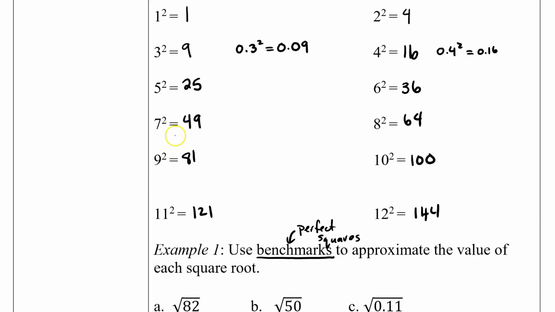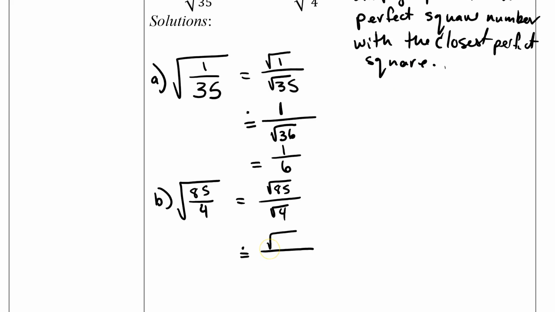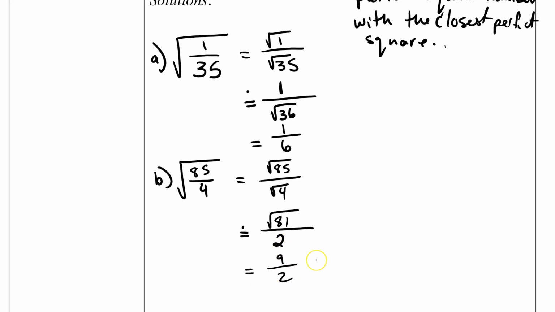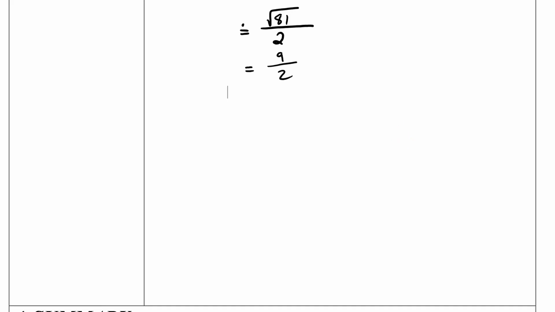Our 81 is closest to 85, so that equals approximately the square root of 81 over the square root of 4, which is simply 2. So then that would just be 9 over 2. And that's that.